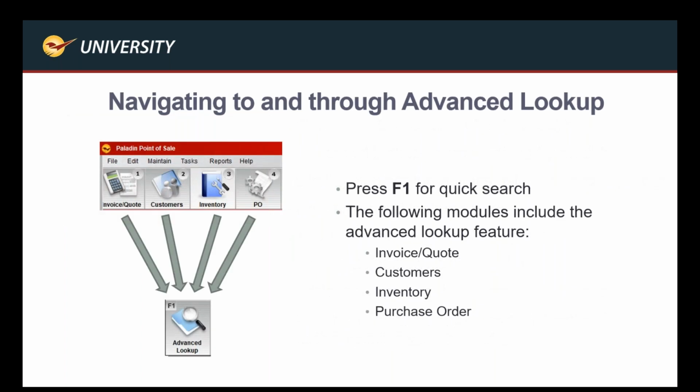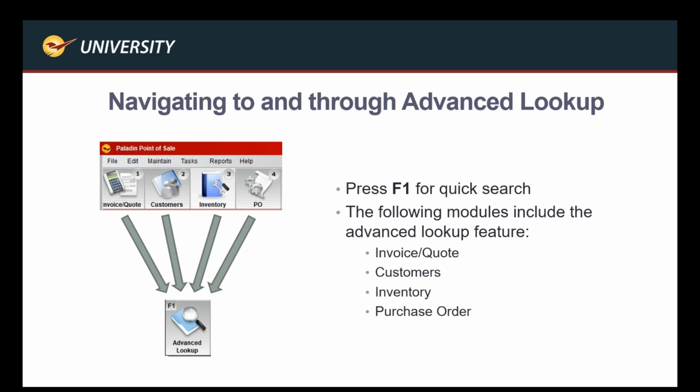So first off, navigating to it. You can get to the advanced lookup in the Invoice and Quote, Customers, Inventory, and PO modules. Every one of those modules has an advanced lookup feature. What's inside of it is slightly different for Invoice and Quote and Customers, but in Inventory and PO, you're going to look at the same thing inside that module.